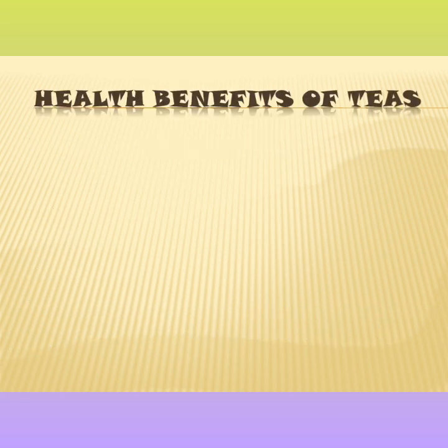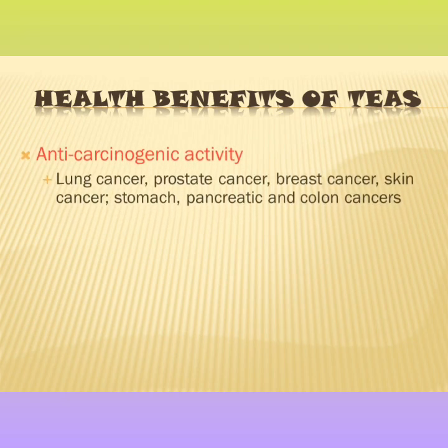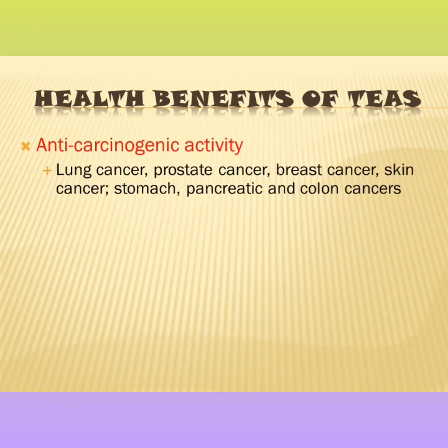Before going to the detailed processing technique, let's have a brief look at the health benefits of tea. It has anti-carcinogenic activity, like for lung cancer, prostate cancer, breast cancer, skin cancer, stomach and pancreatic cancer.